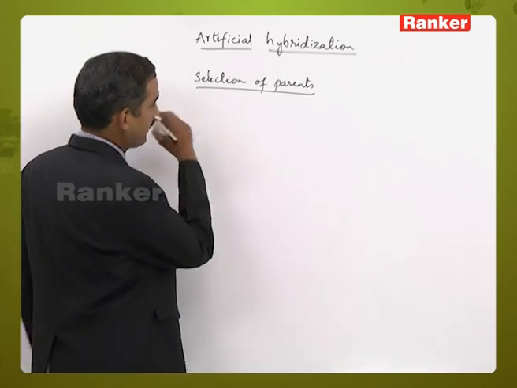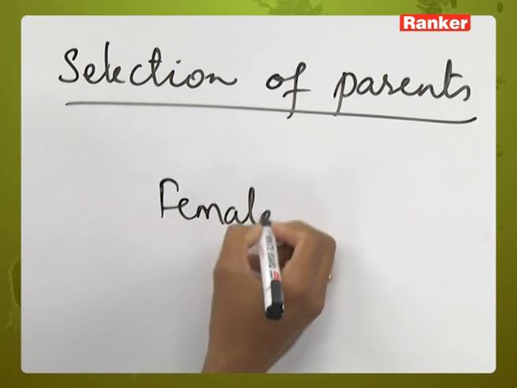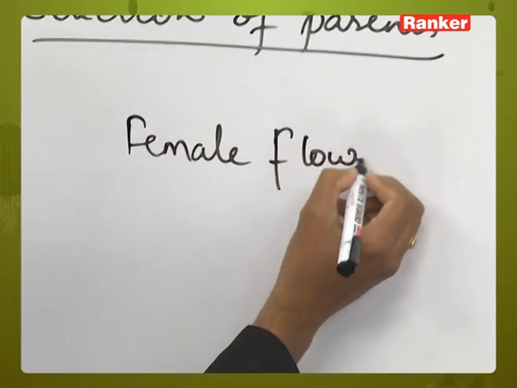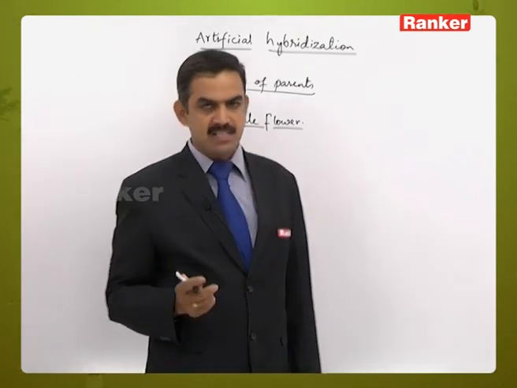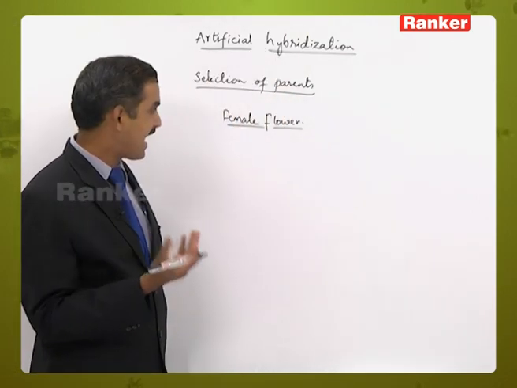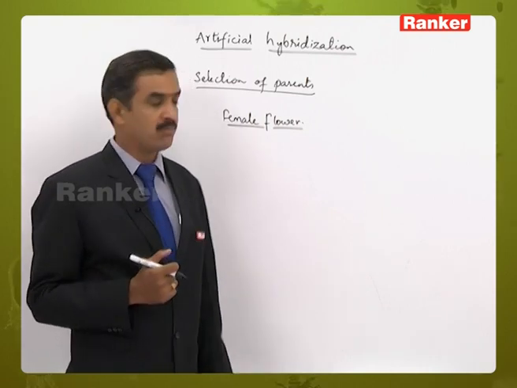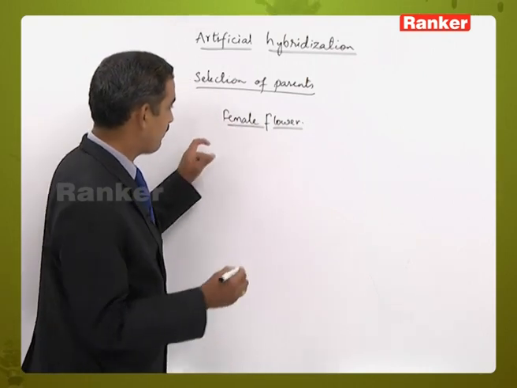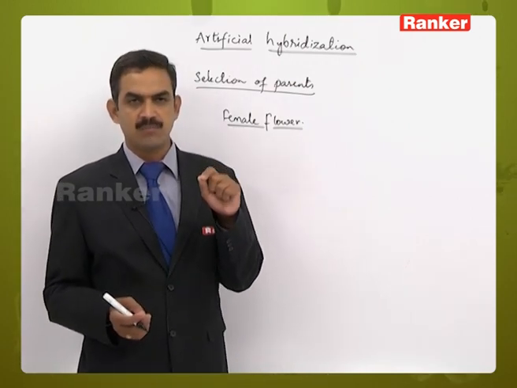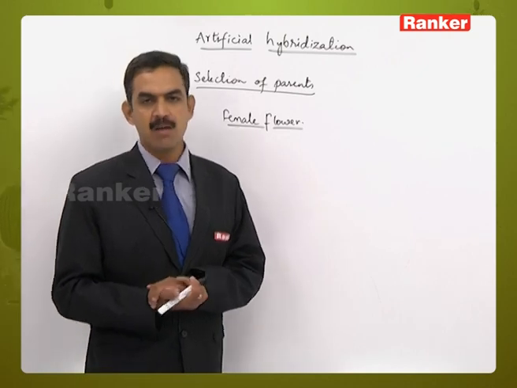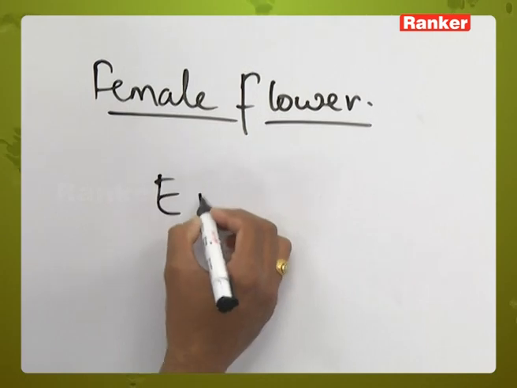So, in the female parent, which is also a bisexual flower, they will remove the anthers. The removal of anthers or stamens from the female parent is called the emasculation process.